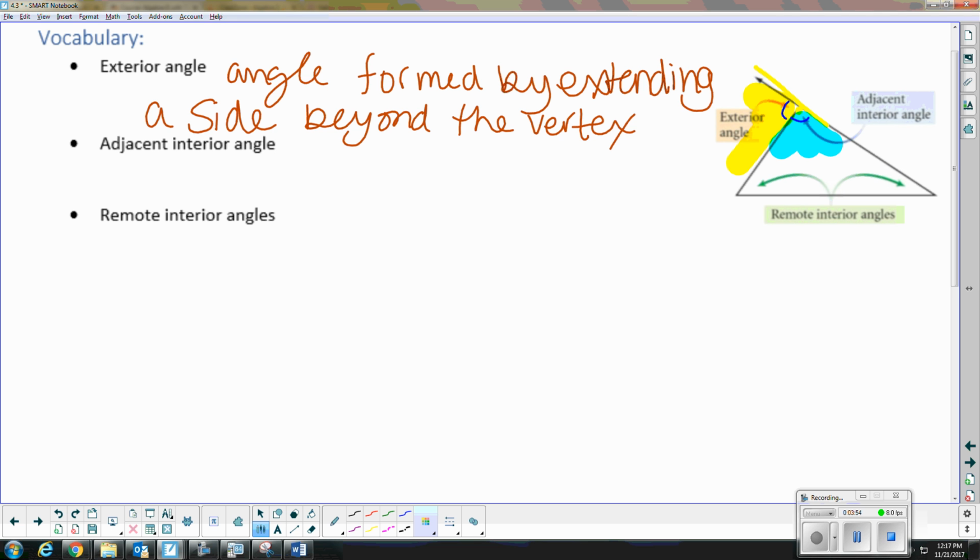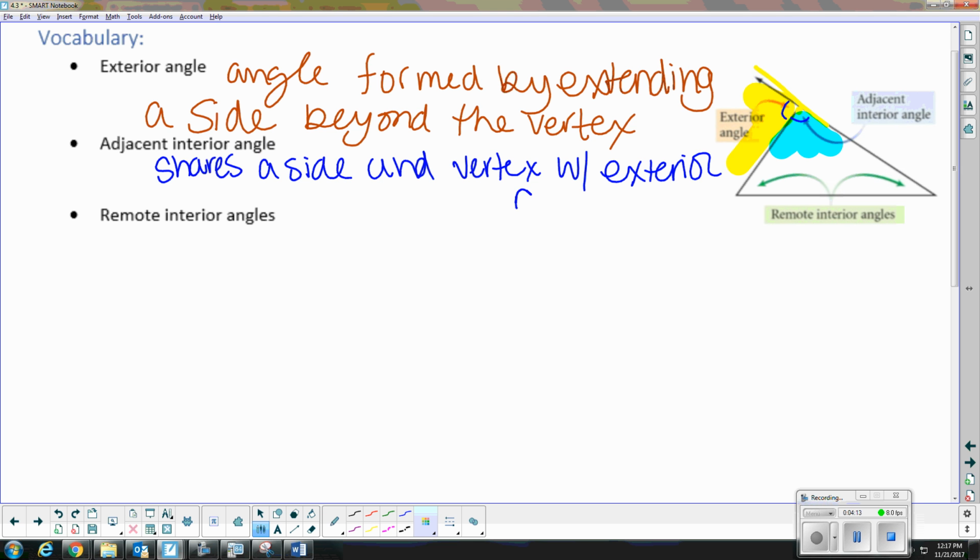So it shares a side and vertex with the exterior angle, and is inside the triangle.